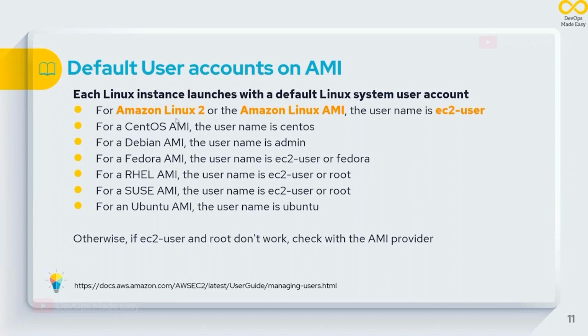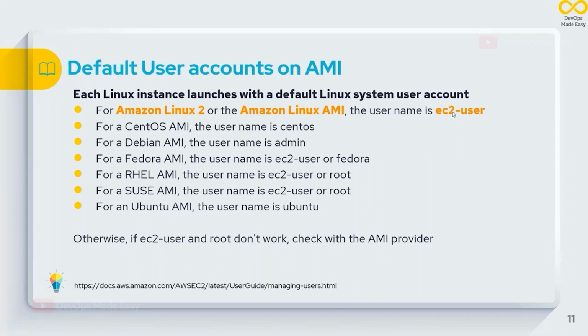If you are selecting Amazon Linux 2 AMI, then the default username is ec2-user. Remember, password based authentication is disabled, so with a password you cannot log in. There is another method called passwordless authentication, which I'll show.